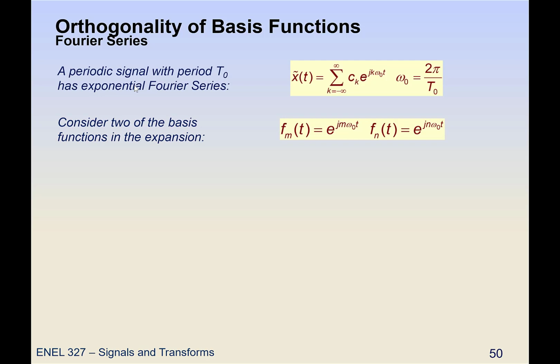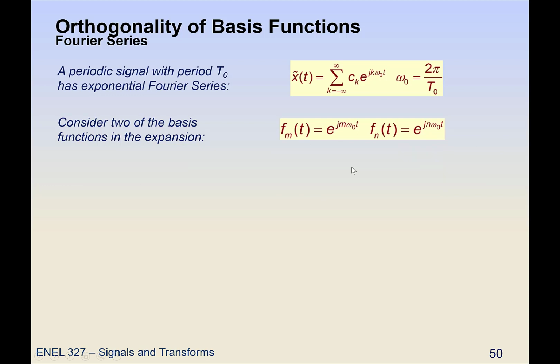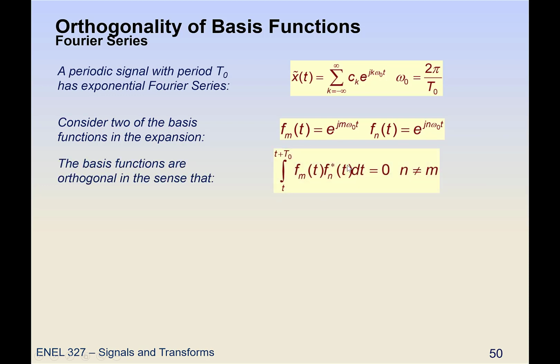Any two basis functions in the Fourier series expansion look like this, where m and n are integers. These basis functions are orthogonal in the sense of this defining integral. Now note that I've had to take the complex conjugate in one case, and that's because we are dealing with complex valued functions.